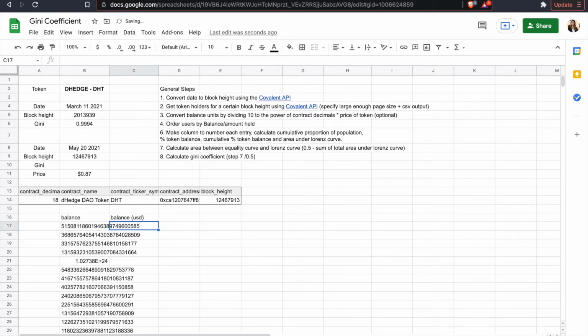This is in wei at the moment, and in order to change it, you take that, divide it by 10 to the power of the contract decimal number, and then you multiply it by the price of DHEDGE, which right now is 87 cents. And I'm going to lock that as well.